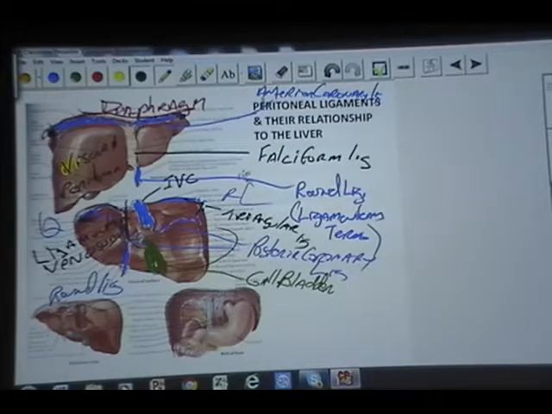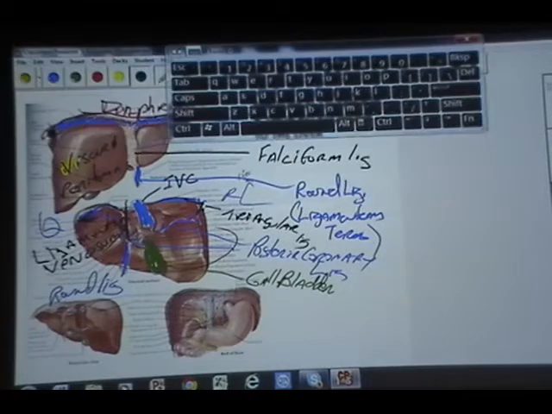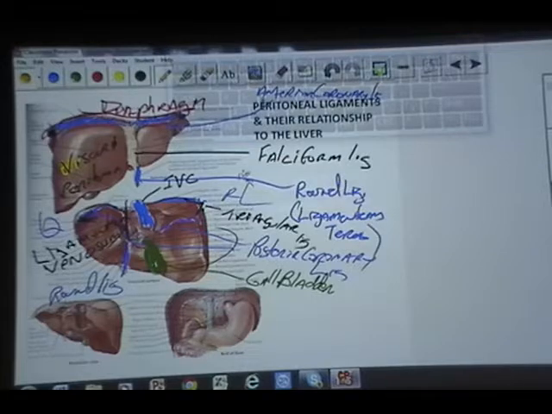And as we use these extensions here, now the liver has these two large lobes that we call right lobe and left lobe. But now we've got two smaller lobes.